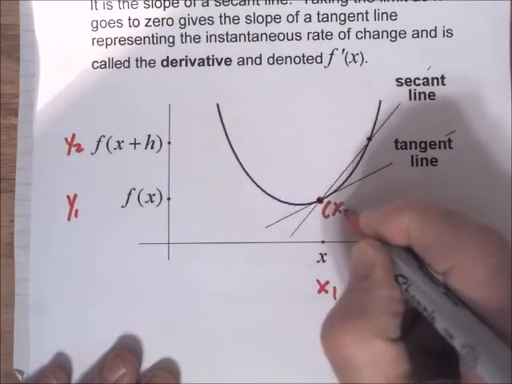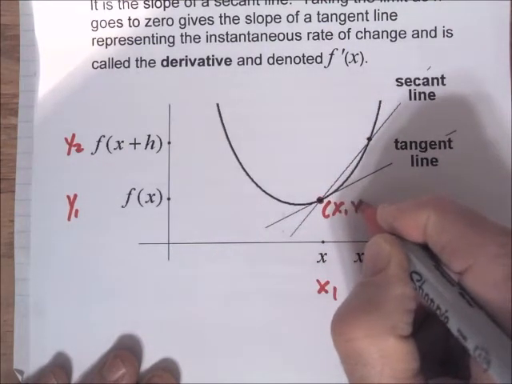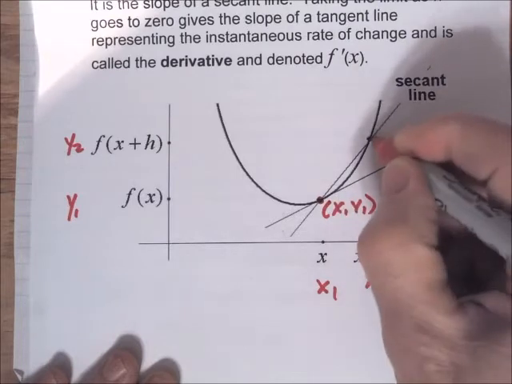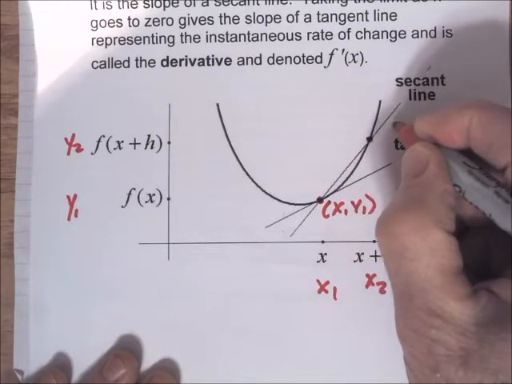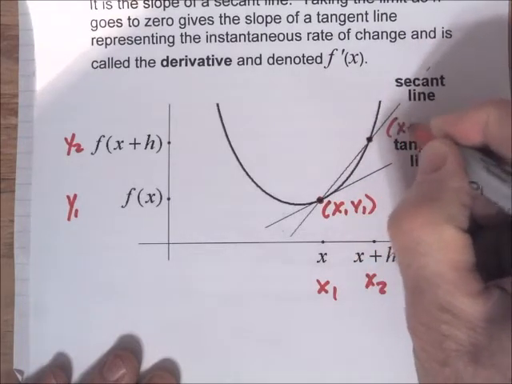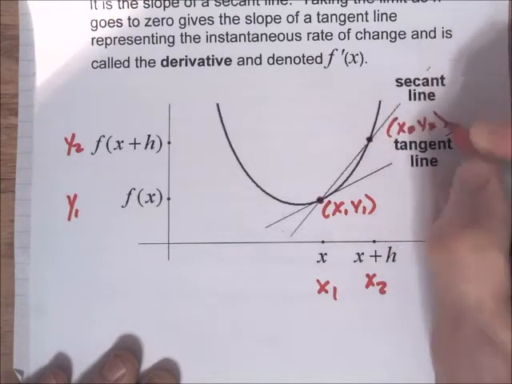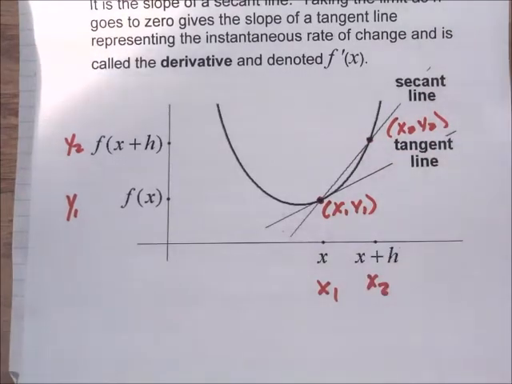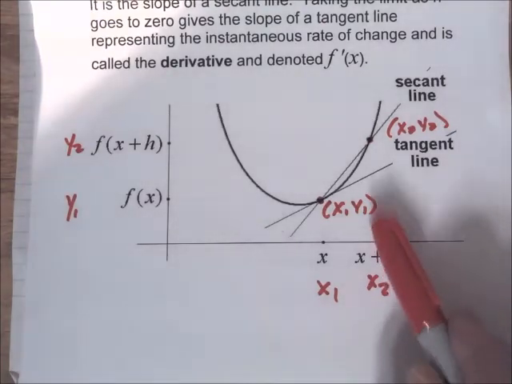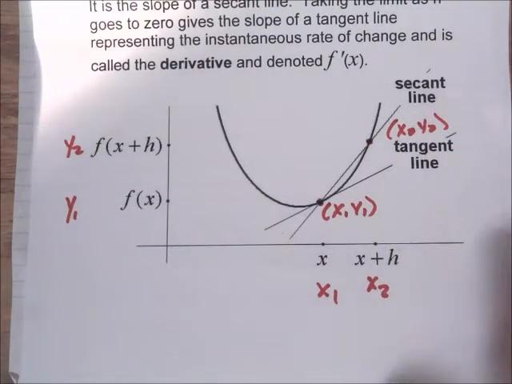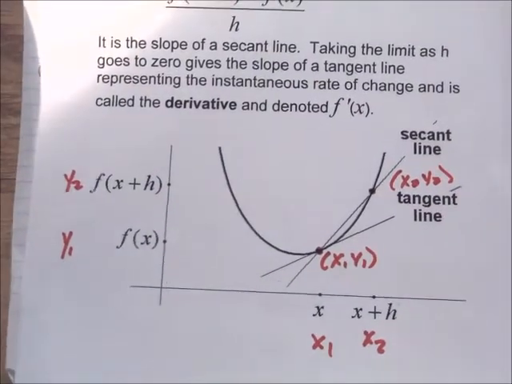This is x1, y1, and then this point up here would be x2, y2. The notation looks a little different, but it's essentially the same formula as the slope that we work with in intermediate algebra.